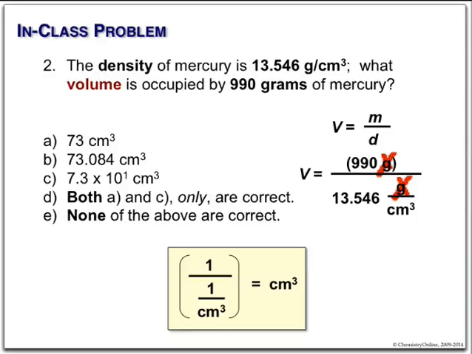So this guy's going to come all the way up top. There it comes. Now we do our simple calculation, 990 divided by 13. And we get 73.084 cubic centimeters.